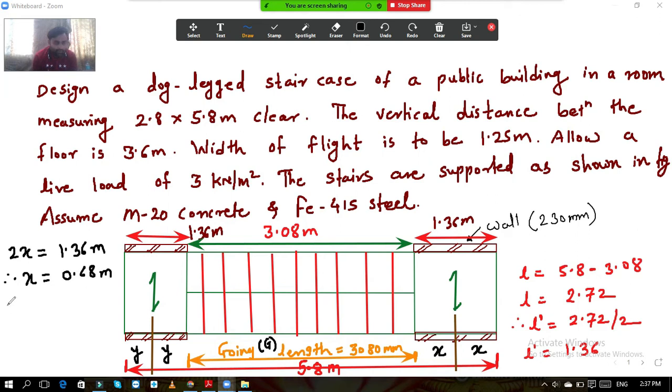Similarly, 2y is also equal to 1.36 meter. So y is again 0.68 meter. So these are the values of x and y. Now we can calculate the effective span.